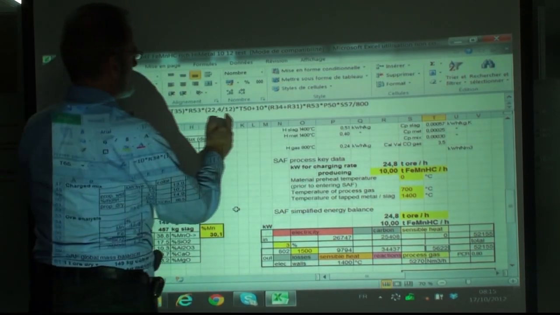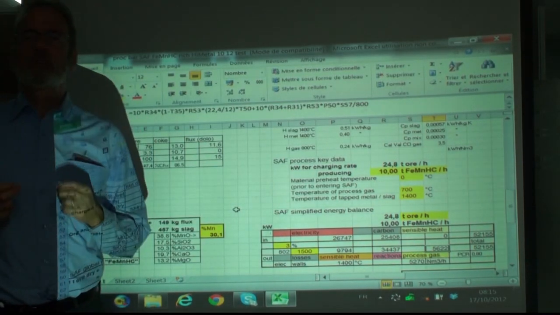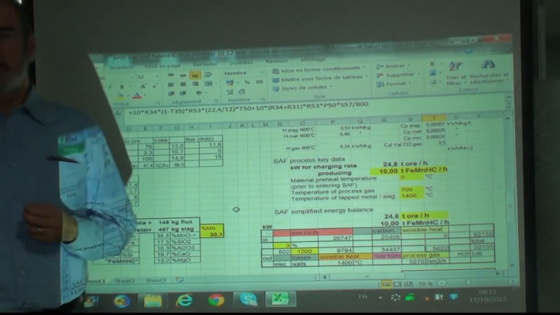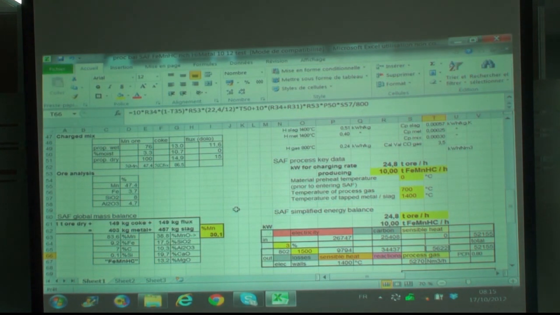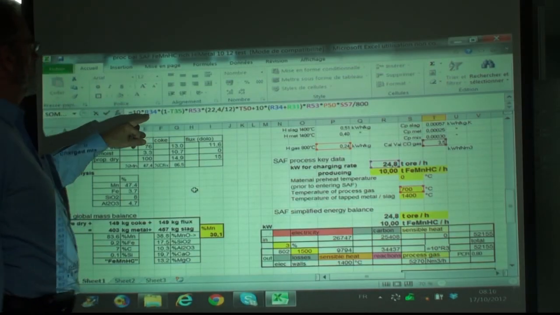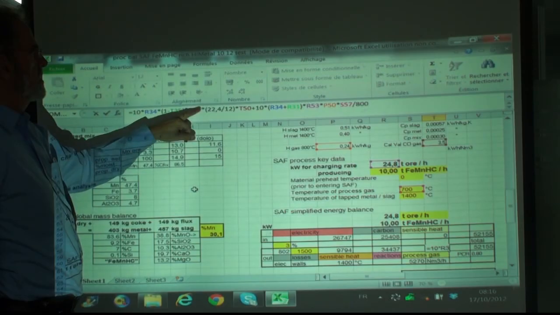The first one is the chemical heat, and the chemical heat is the calorific heat when burning the CO. Again, this is 10 times the kilo of carbon times the charging rate.